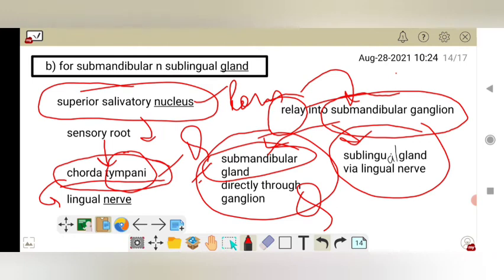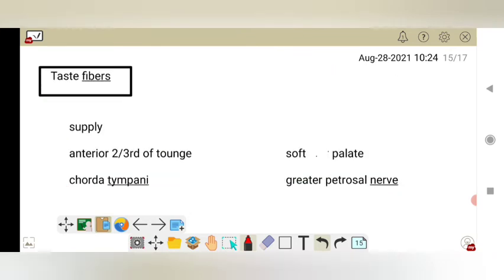So two types of fibers we have seen: branchiomotor fibers, the motor fibers for muscles derived from the second branchial arch, and secondly the preganglionic secretomotor fibers carried by the sensory branch.